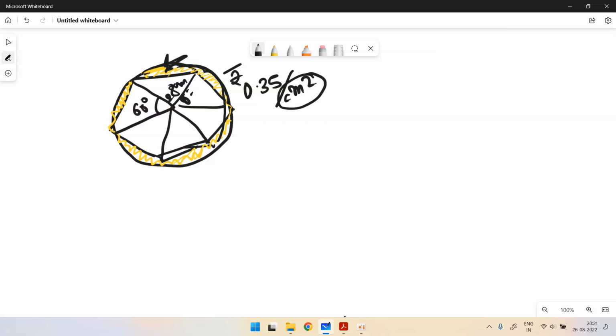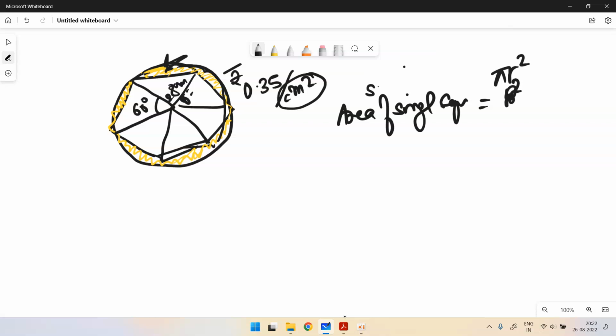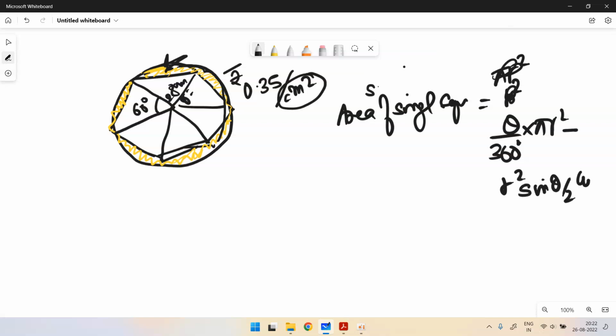The area of a single segment will be theta by 360 degree into pi r square minus r square sine theta by 2 cos theta by 2.